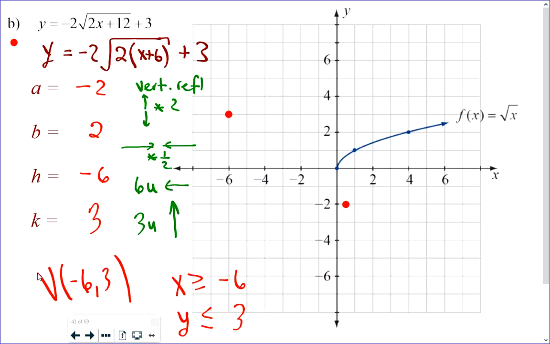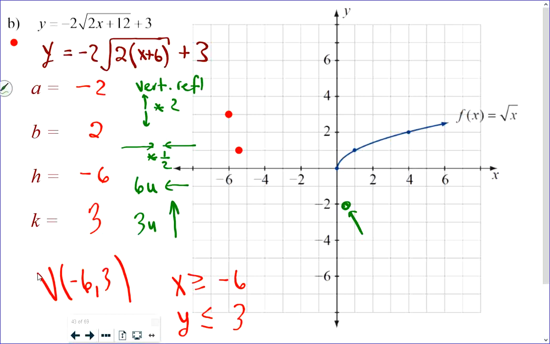And then I have to move that point 6 to the left and 3 up. I'm just going to put an arrow here to mark where this point is and then talk about that location in a second. 1, 2, 3, 4, 5, 6. 1, 2, 3. This was here, correct?